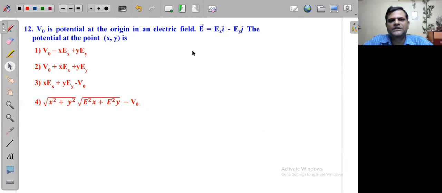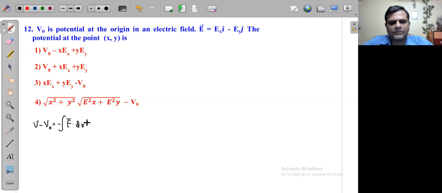We have already seen that the technique to solve this is the relationship between the potential difference and intensity. So potential difference and intensity is related with this equation. V minus V naught is going to be integration of minus of E bar dot dr bar.